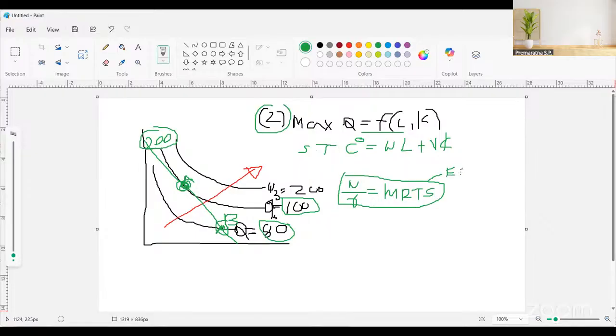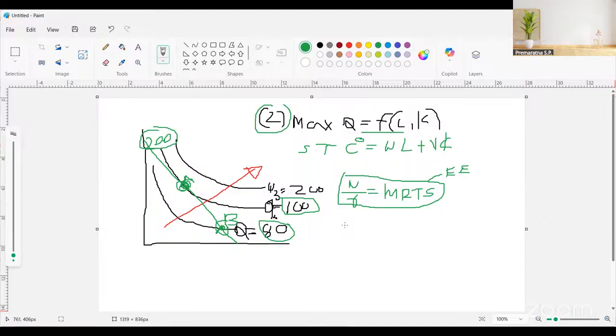The condition is that the input price ratio equals the marginal rate of technical substitution, that is the slope of the isoquant curve.